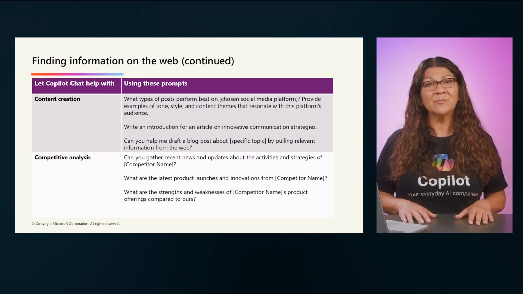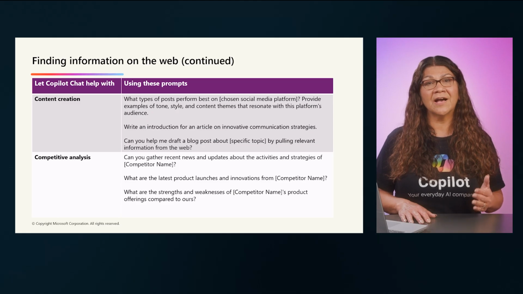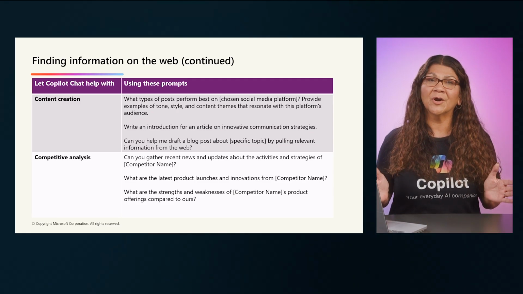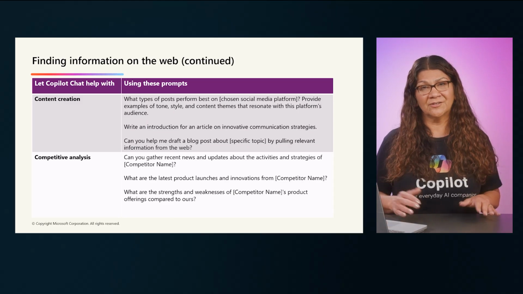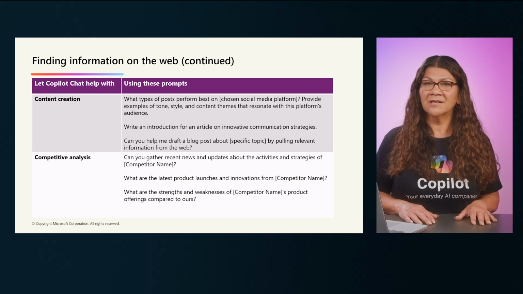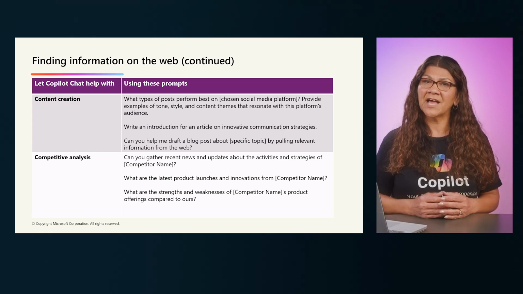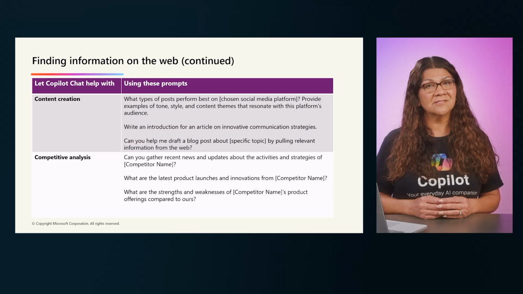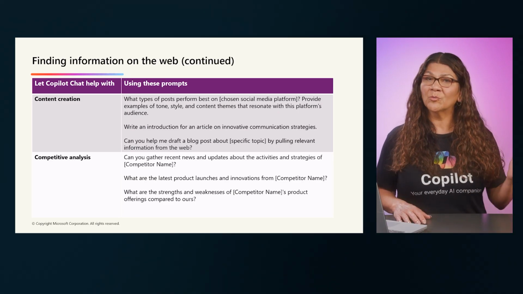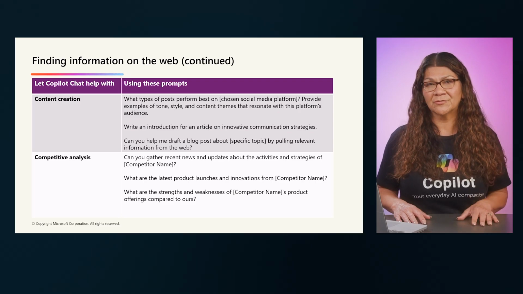Copilot Chat with web grounding can also help you find and use information from across the internet for smarter, faster content creation. Let Copilot help you with content creation, like using Copilot Chat to generate blogs, social posts, newsletters, and articles by pulling relevant real-time information from the web.